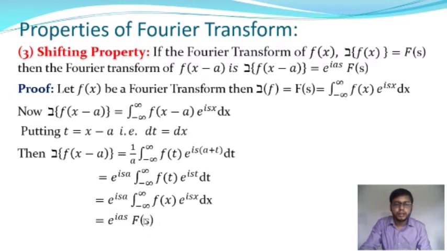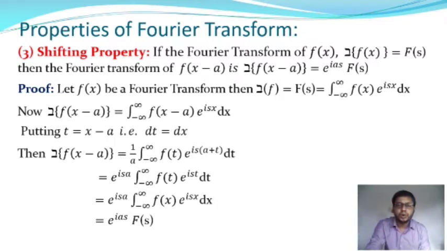Okay, so this is actually the shifting property of the function f of x, where the Fourier transformation of f of x minus a is equal to e to the power i s a into F of s. Hence the proof of the third property of Fourier transformation.